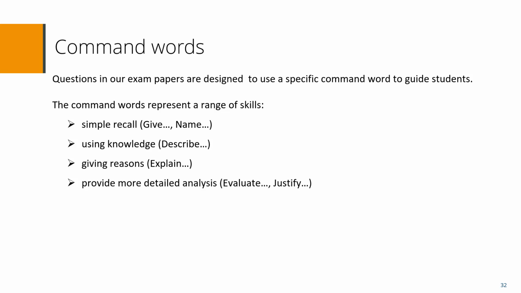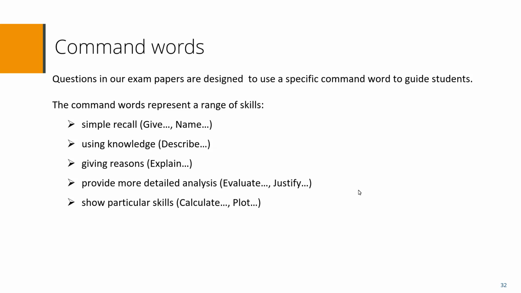Provide more detailed analysis: evaluate, justify. Evaluate will be very common in AO3. Justify will be very common in the theory papers. So, for example, one sentence could be state what is blah, blah, blah, and a second sentence could be justify your answer.